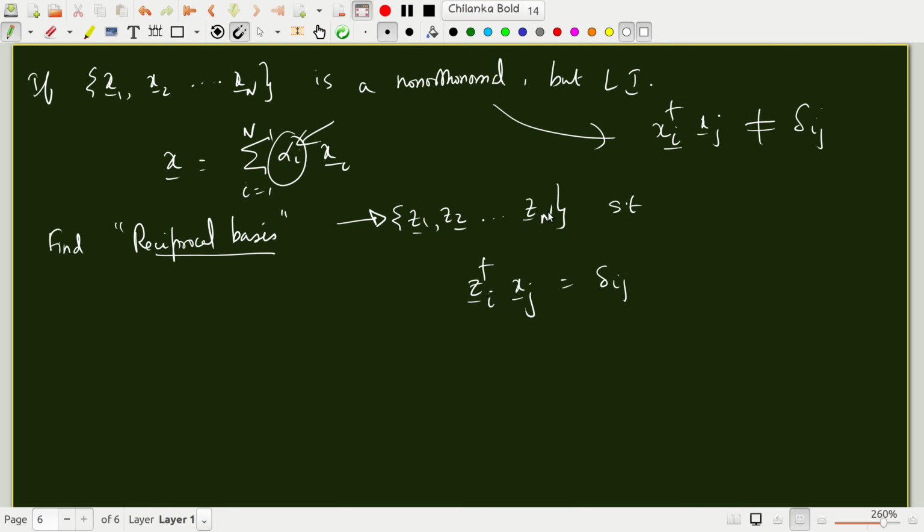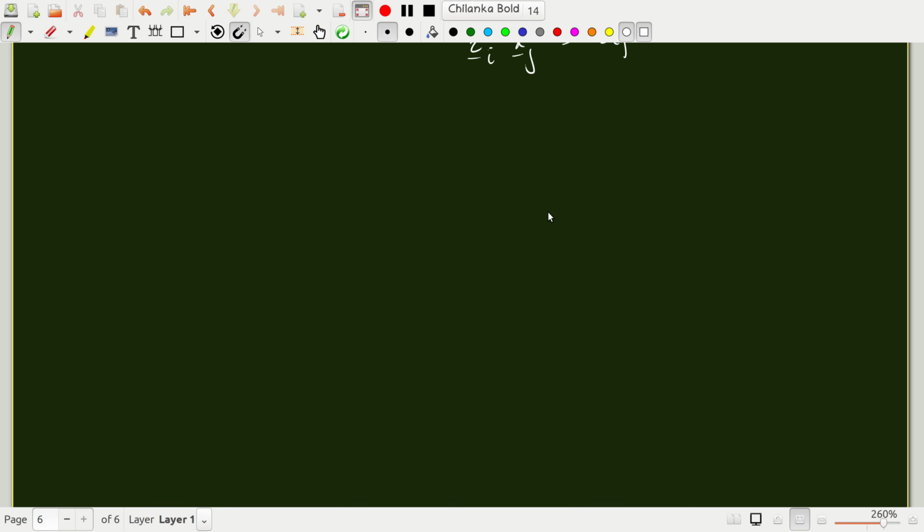So to give you a very simple example, I'll give you a geometric example.